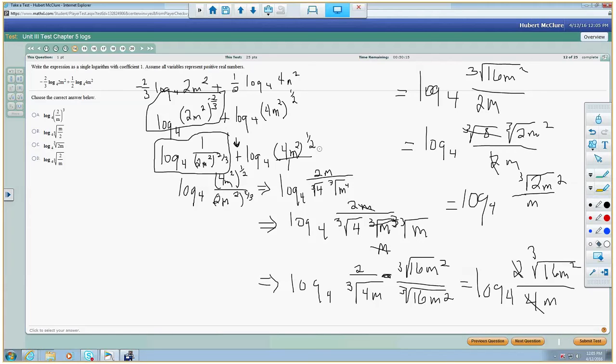I've got the m in the denominator. No, you can't because it's under the radical. It looks like to me they left everything under the radical, which I would basically no, I can't do.